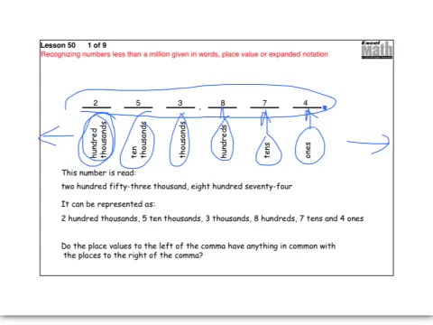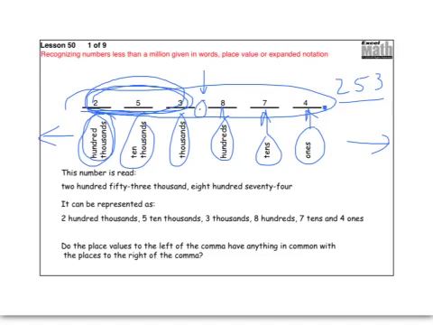The number is read like this. The way we read numbers is we just say 3 digits up until the comma, and then each comma is a word. So we're going to say 253, just like if you saw that written like this. If I said, how do you say that number? You would say 253. So that's how you say this.